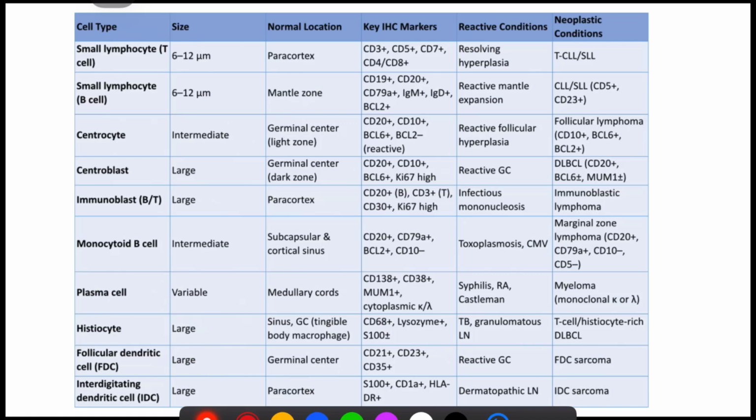So basically this last slide is a complete revision of all your lymph node cytology, where you can find which cell is in which compartment, which key IHC marker is important, which is the condition where you find it in excess, and which neoplastic condition shows this type of cells.